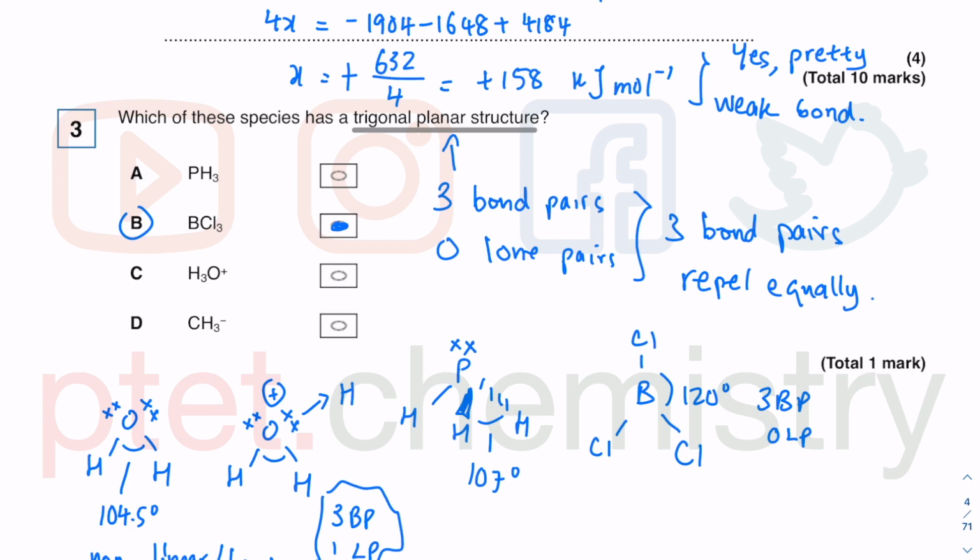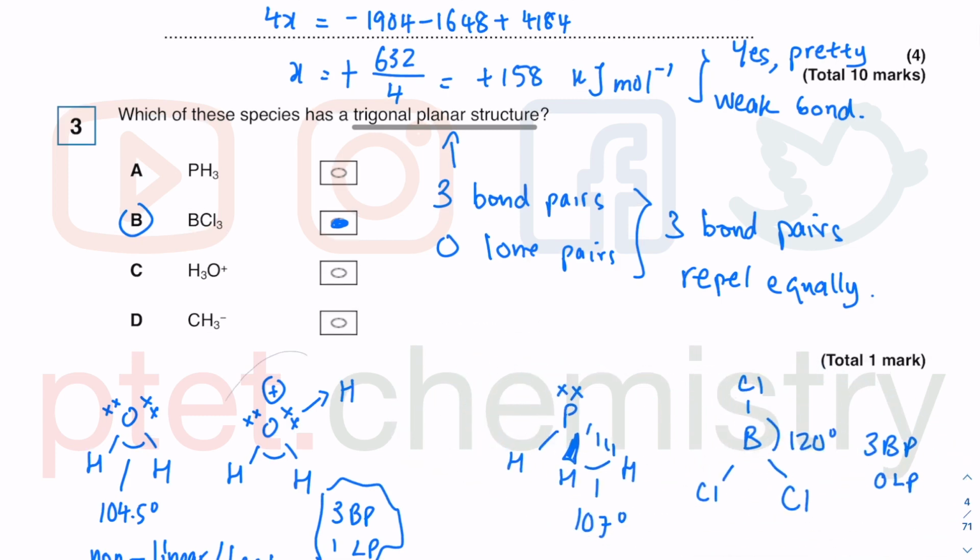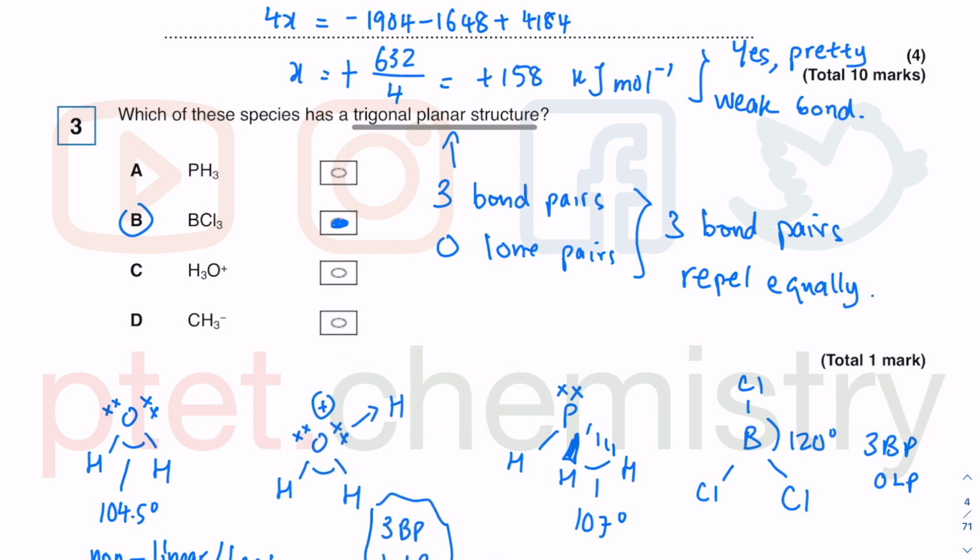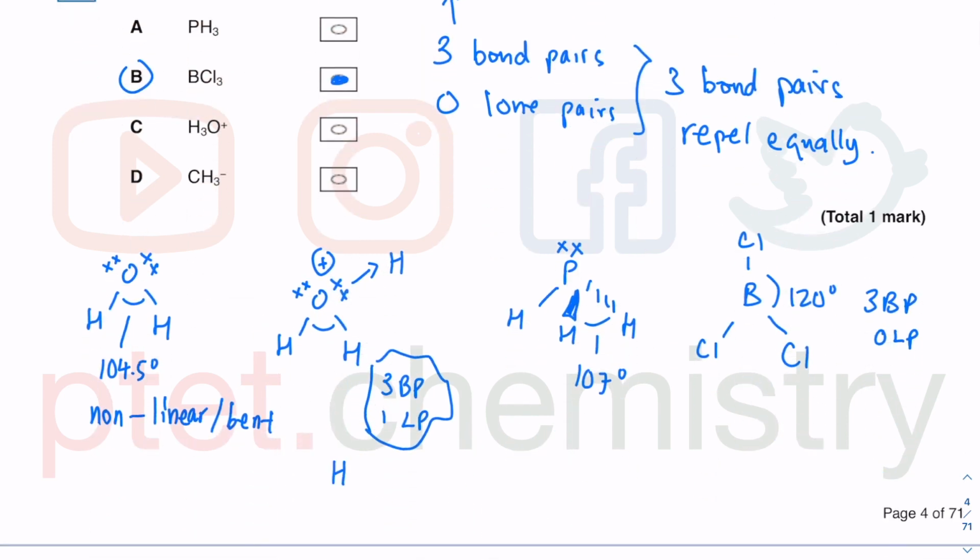This is what happens when you have acidic species. H3O+ is present as a result of H2O picking up H+. This is going to be pyramidal and 107 degrees, just like an ammonia molecule.